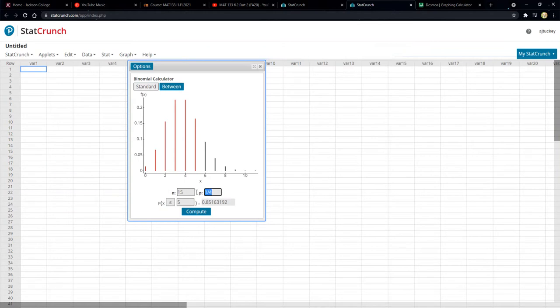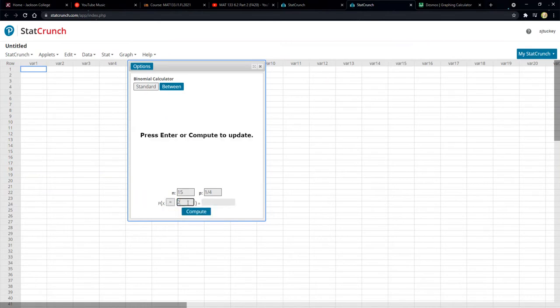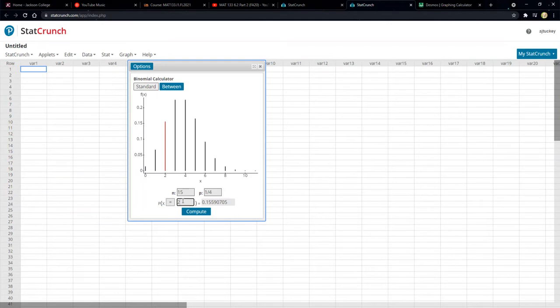So 15 and 1/4, and it will take fractions very nicely, which is good to know. Then we want to click on this little thing next to the x because we want the probability that x is equal to 2. So we type 2 right here. You can either click the compute button, or if you press the enter key, it will automatically figure it out. And there you have it.